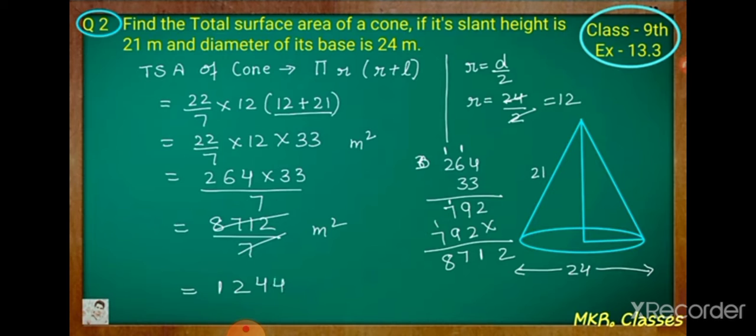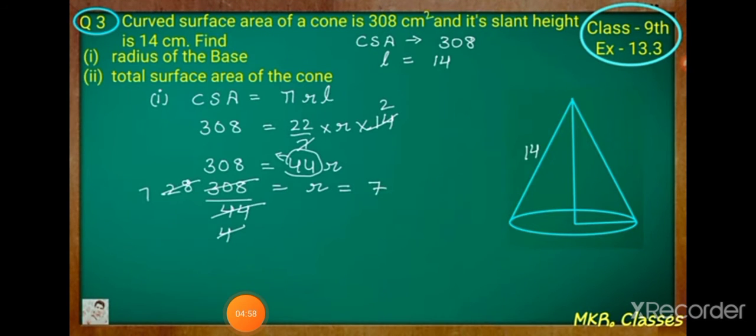Then the decimal point will come and it will be 40. So 5 times we can cancel, 7 fives are 35, and the remaining we can leave here also.